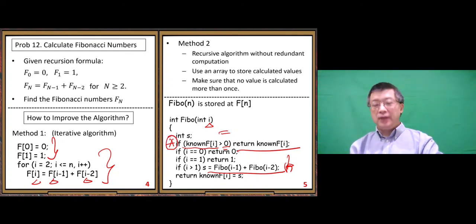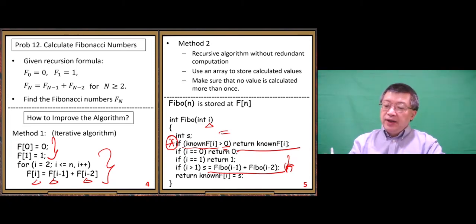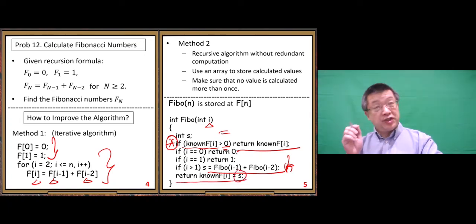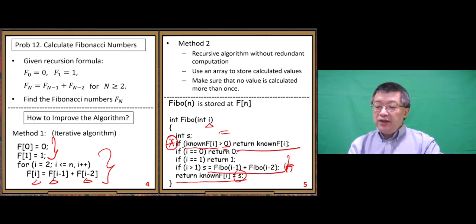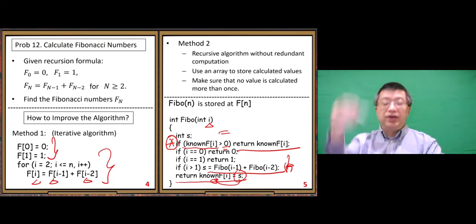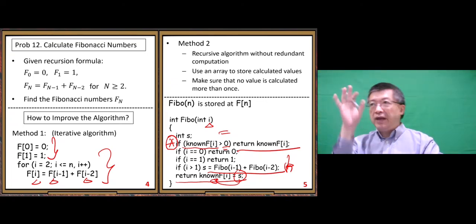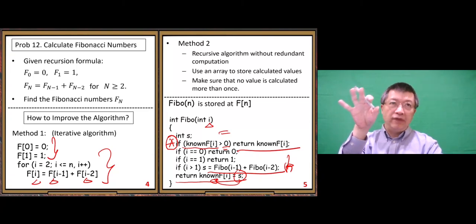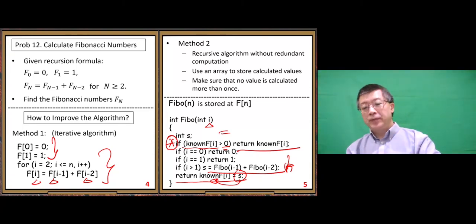Finally, when you reach the bottom, because this is the first time we calculate it, you assign this value into this array and store it. Then you also return it to the function that made this call.